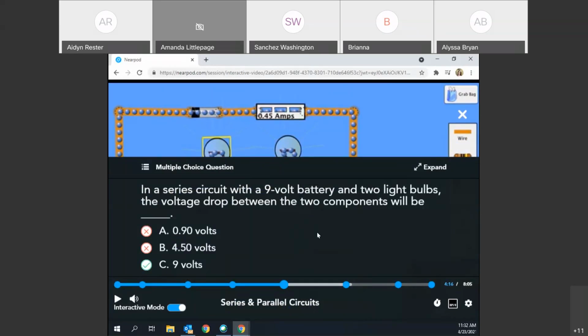Everybody in here says B, some say C. There's basically a drop in between them. So collectively they add up to be 9 volts, but you see a shift when you go from one to the other, right? So remember that there is a drop between them, but on the opposite side, it should go back up to the original volts.